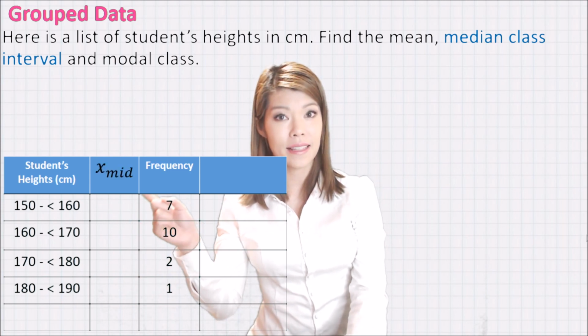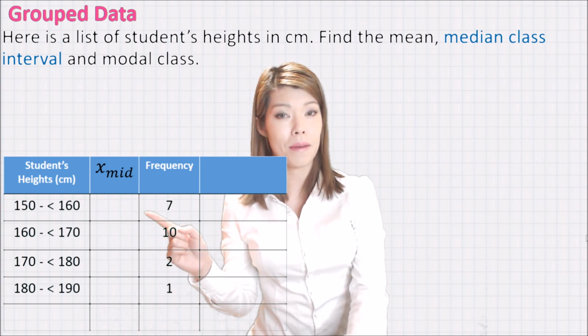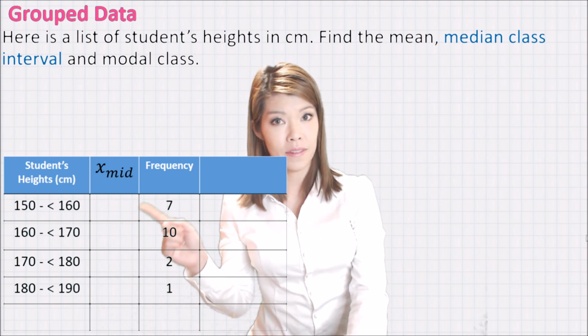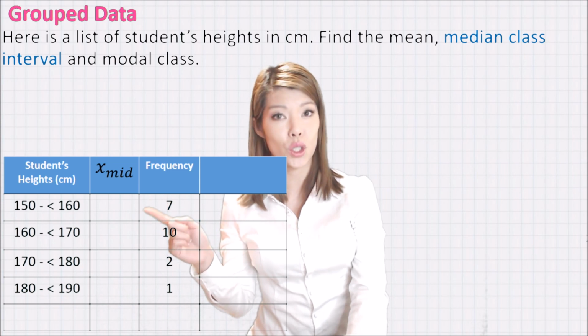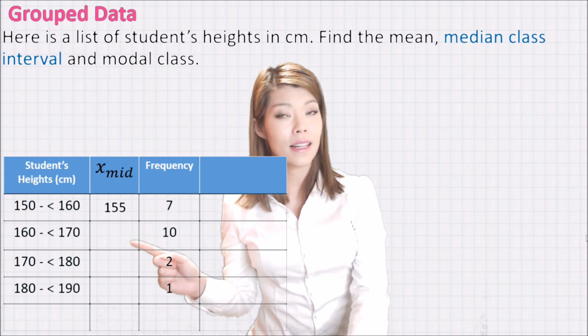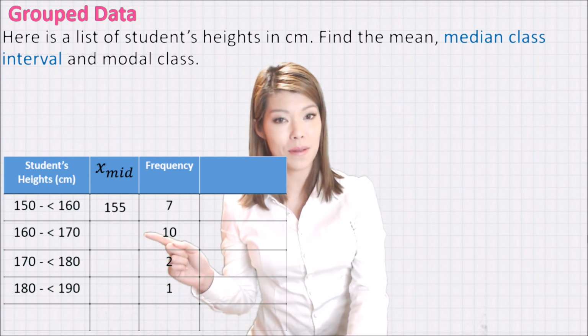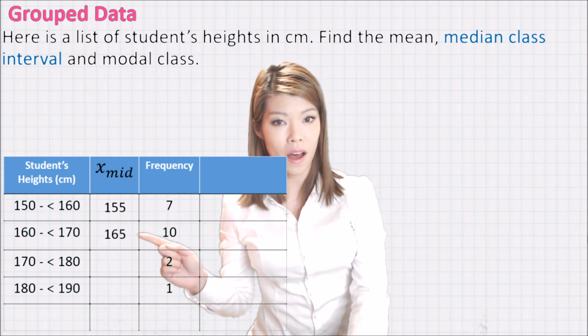and we call that x middle. And the middle of 150 and 160 is calculated by adding 150 plus 160 divided by 2, which gives us 155. To find the next class interval, 160 plus 170 divided by 2 is 165.